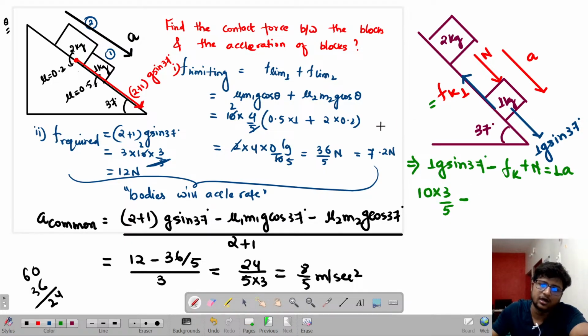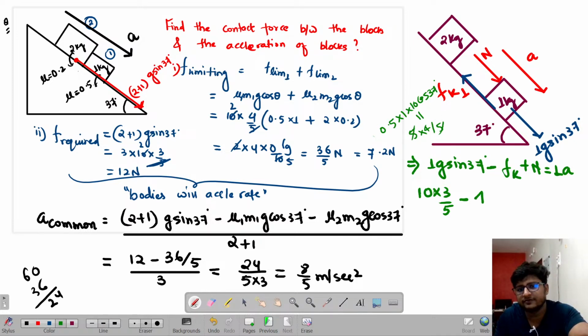This is basically 0.5 into 1 into 10 into cos 37, which is basically 5 into 4 by 5, which is how much Newton? 4 Newton basically. Are you able to get me or not?